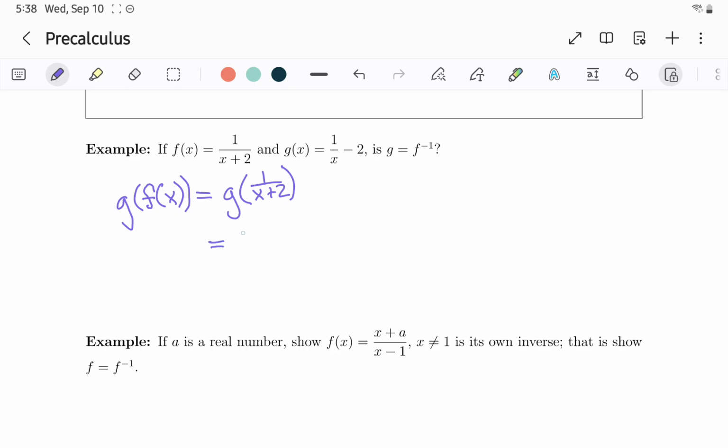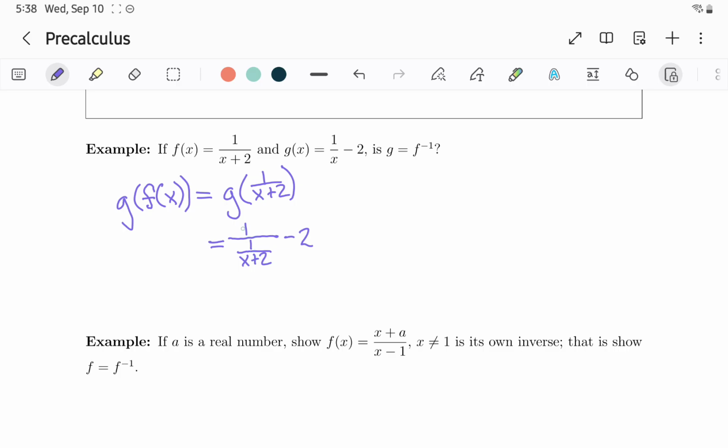So this is equal to 1 over, and then replacing x with 1 over x plus 2, it's going to be over 1 over x plus 2. And then we still have our minus 2 over here. So here we have a fraction of a fraction. That might seem a little daunting, but the way we can view this is: division is like multiplication by the reciprocal.